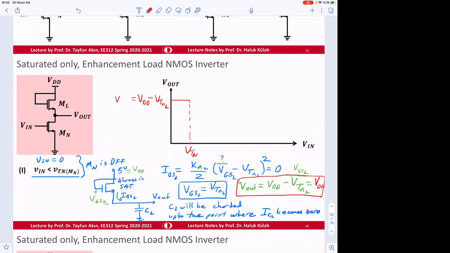But still, this can be considered as a high voltage. So let's say this is the first case.